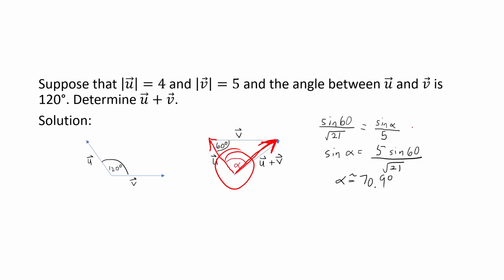So using the sine law here is actually a little bit dangerous because, if this is foreign to you, I'll explain it real quick. What we're doing here with that vector v, that's 5 units long, and this vector u is 4 units long, and this vector u plus v is roughly 4.58 units long. It's root 21.